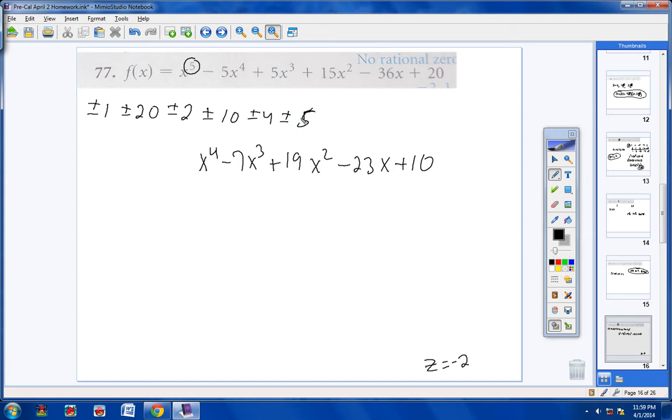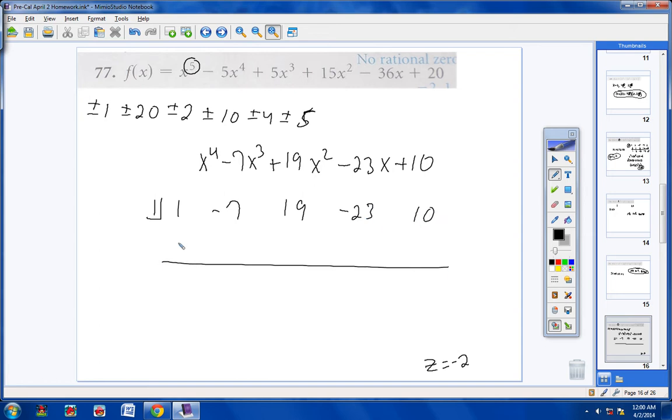If you continue to check your rational zeros list, you're going to see that 1 works. So now we're going to put a 1 inside the box and use our coefficients. No terms are missing. So a 1, then a negative 7, then a 19, then a negative 23, and then a 10.